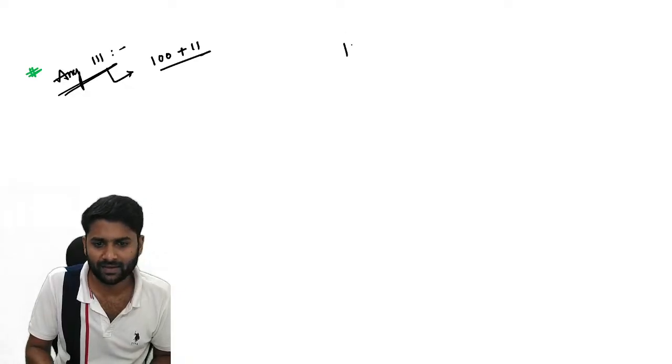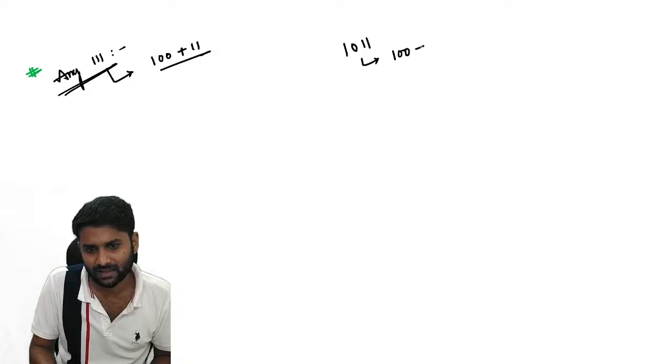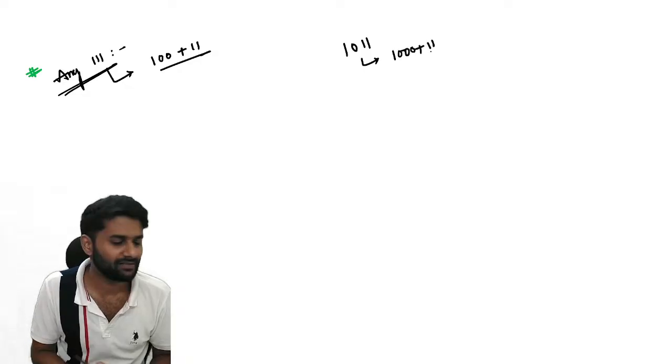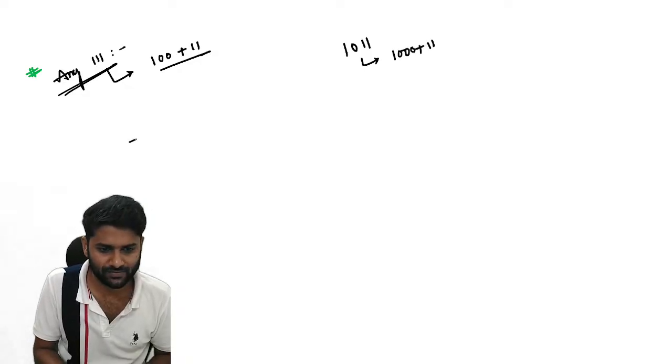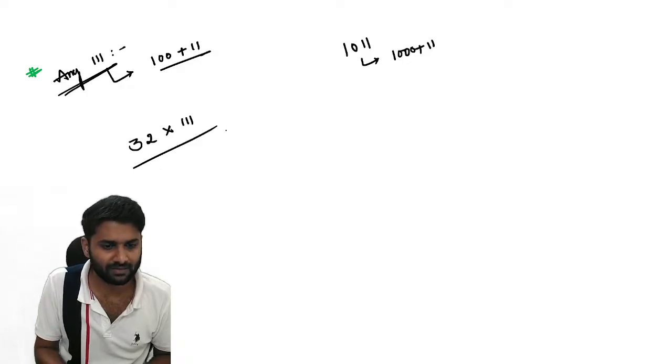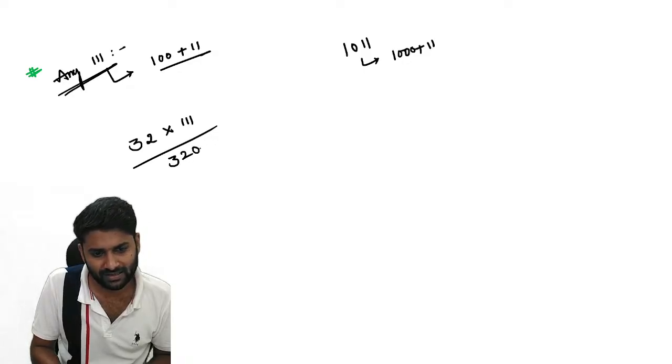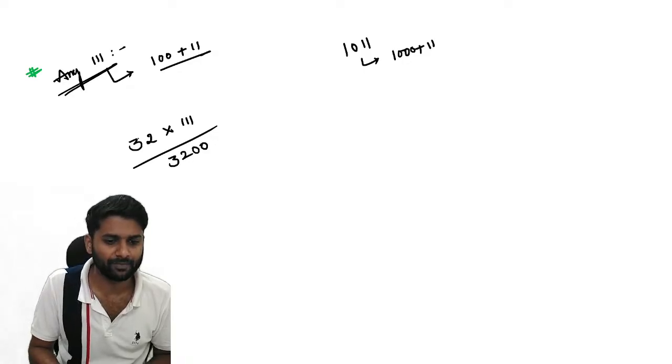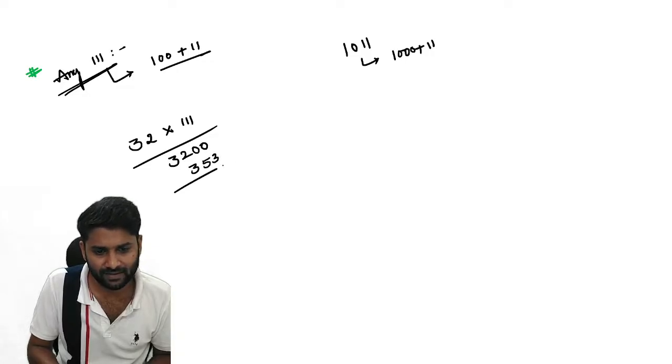In the same way, 1011 can be considered as 1000 plus 11 itself. Let me take a few examples for understanding. If 32 is multiplied with 111, 32 multiplied with 100 is 3200. Now again 32 into 11 is 352. So the final answer is 3552.